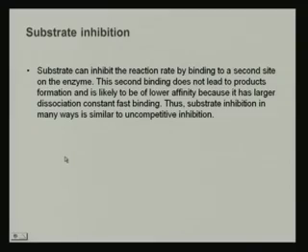So essentially in substrate inhibition, the substrate can inhibit the reaction by binding to a second site on the enzyme. Okay, so if you have the substrate S, then ES is being formed as a complex, and then the substrate binds to a second site on the enzyme to form a complex.